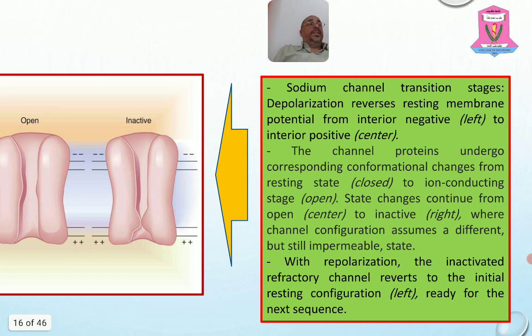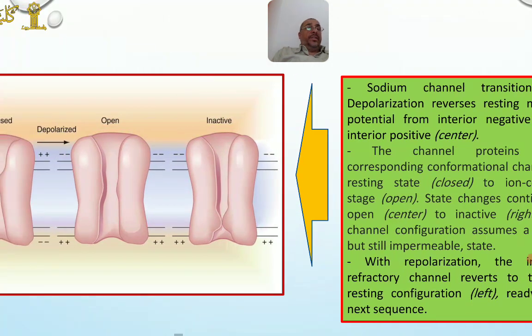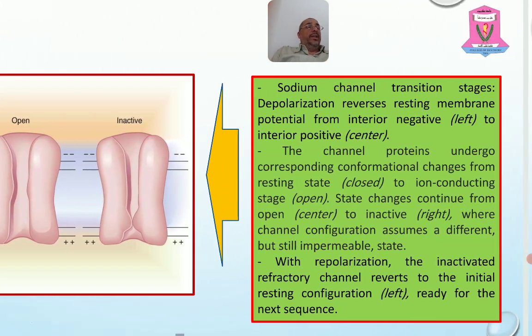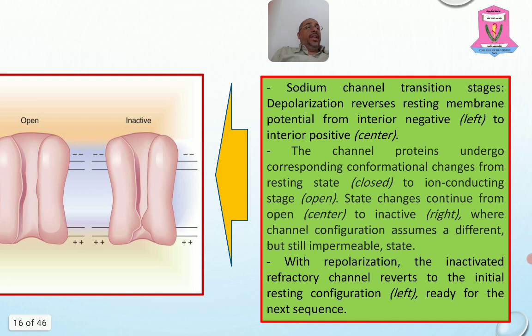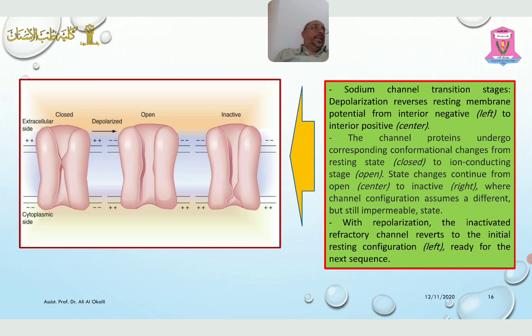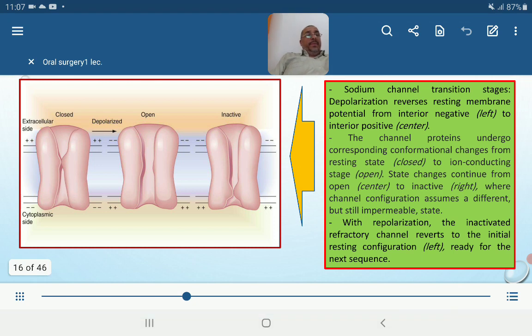Depolarization reverses the resting membrane potential from the interior, which is negative, to the center. يصير عندنا دخول لأيونات الصوديوم, and the channel proteins undergo corresponding conformational changes from the resting state, ويعقبها a repolarization state اللي هو يرجع إلى سابق عادة إنه الصوديوم ions are out of the cell membrane والpotassium ions are in the interior of the cell membrane.